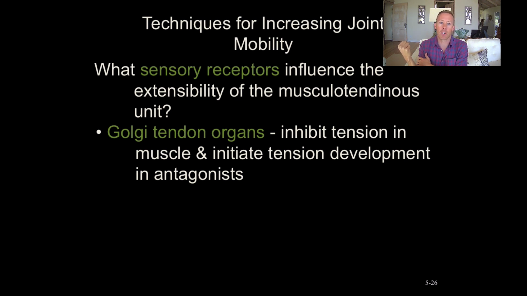It will inhibit tension, so I will relax my bicep so that I don't damage it. And at the same time, I will tighten my tricep, the antagonist muscle. So it basically takes me away from that position that could damage the tendon. So it's basically taking load and force off of the tendon.